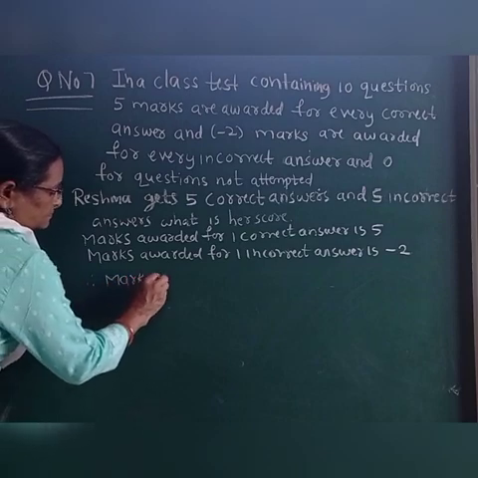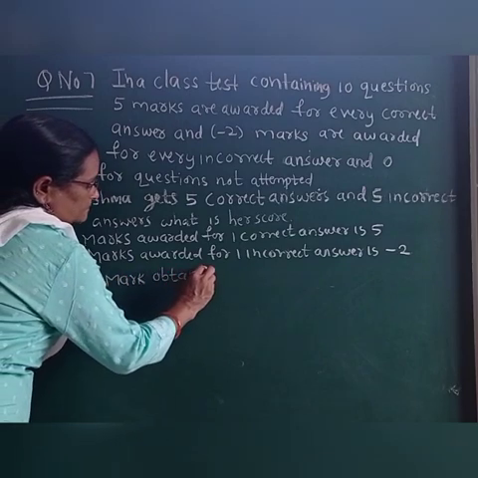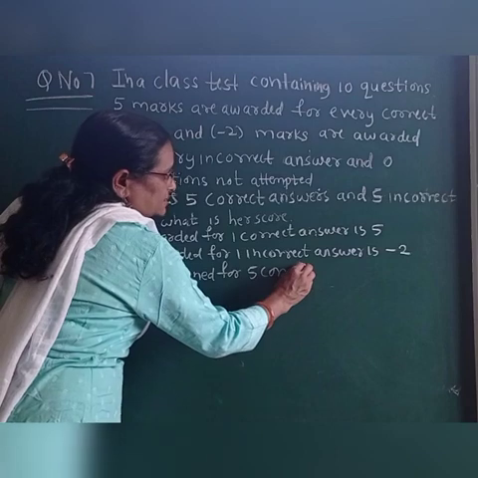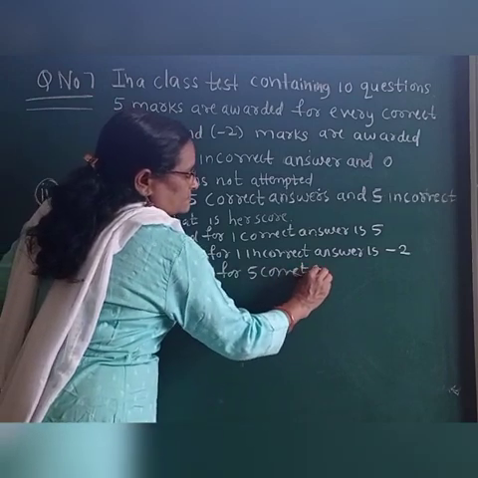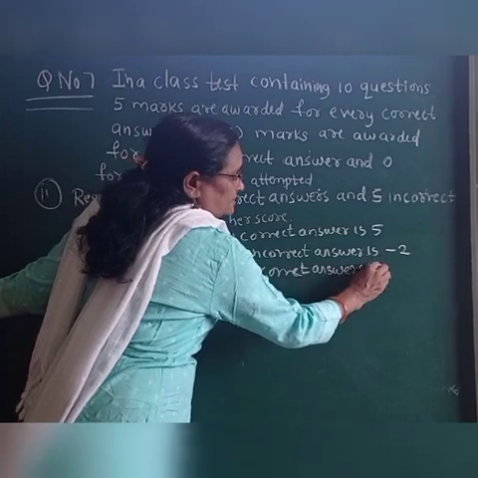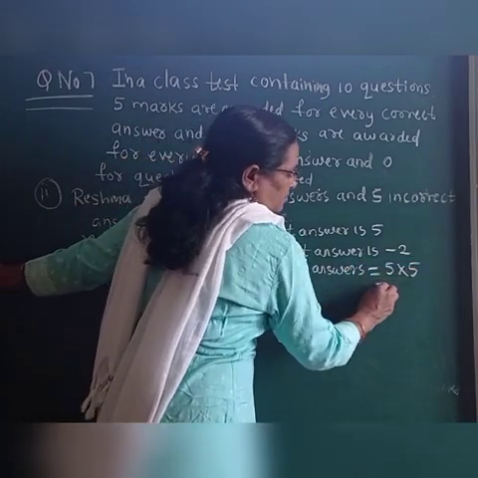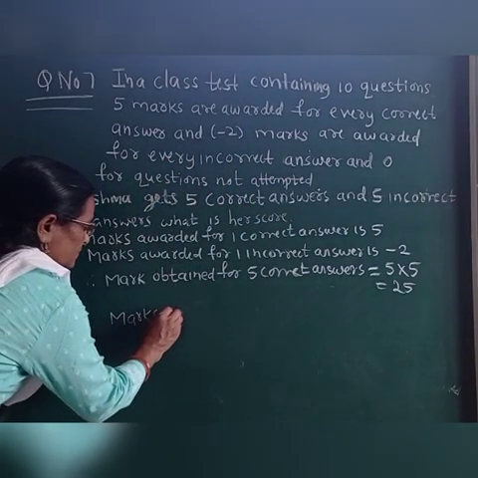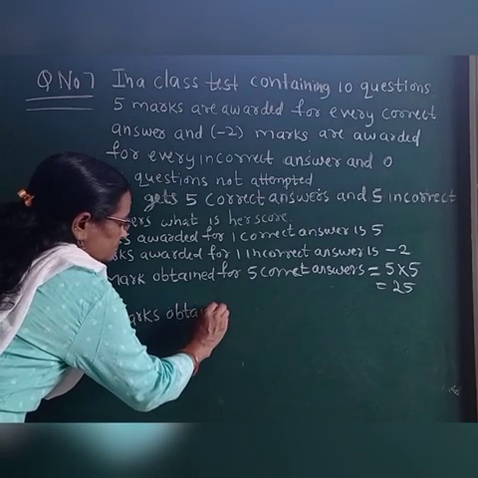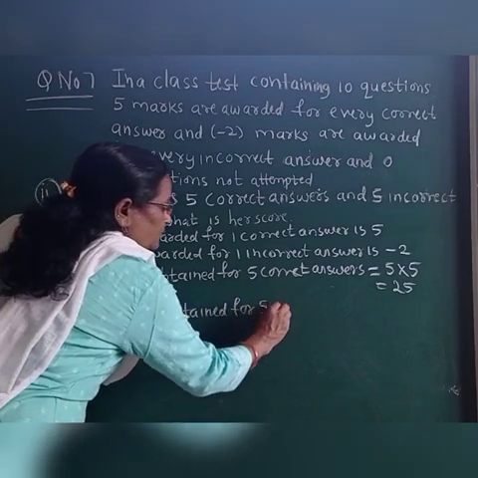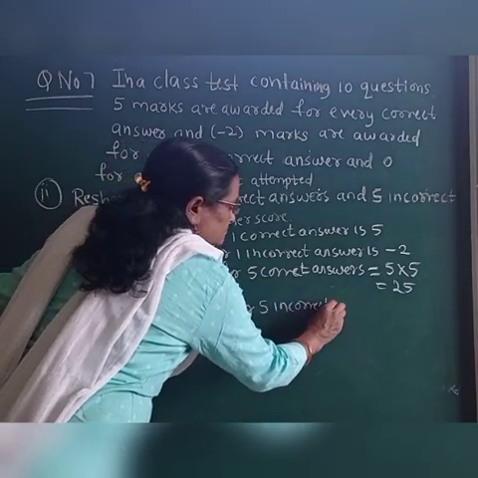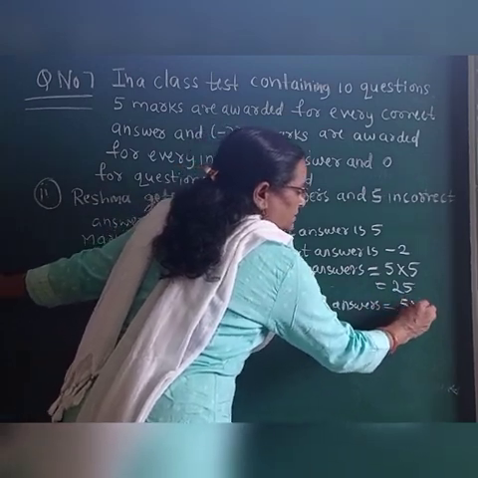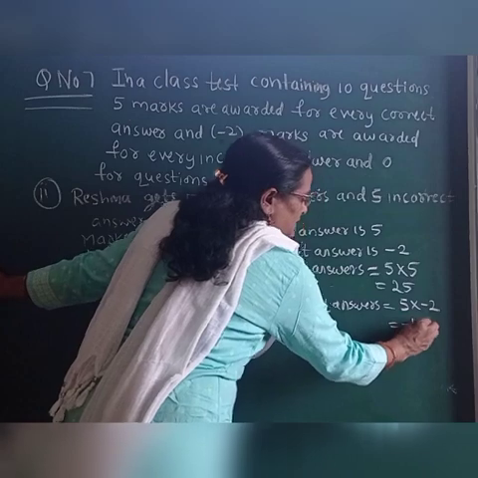Marks obtained for 5 correct answers is 5 into 5, 25 marks. Then marks obtained for 5 incorrect answers is 5 into minus 2, it is minus 10.